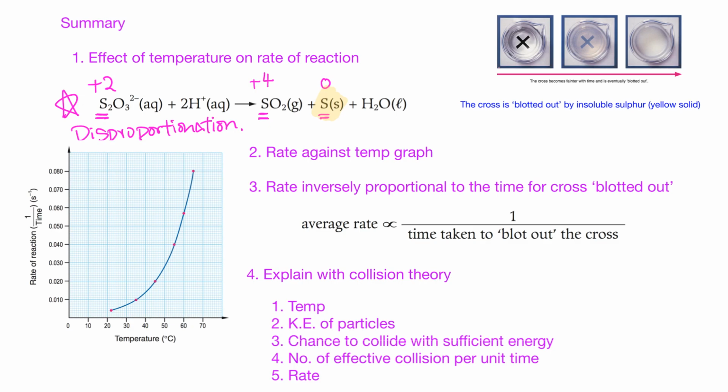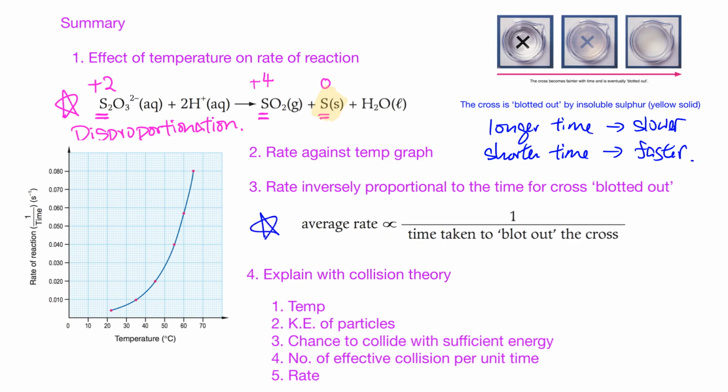So the longer time it needs to blot out the cross, the slower the reaction. So remember, longer time, slower reaction. So if you have shorter time, 10 seconds, the cross disappears, then you have a faster reaction. So therefore, the time for it to blot out will be inversely proportional to the average rate.